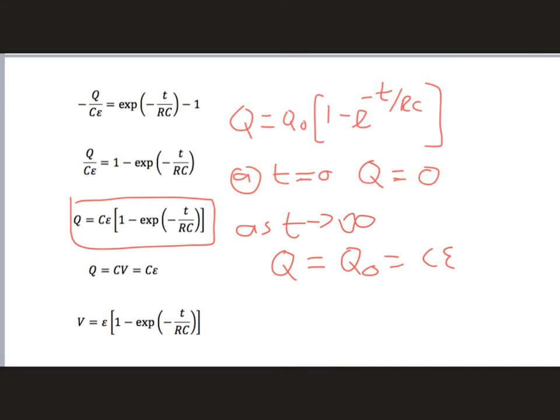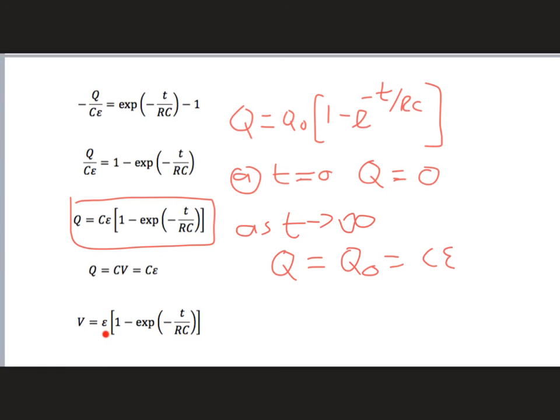Finally, on this slide, there's one other piece of information that we can note. If I consider this fundamental capacitor equation again, Q is equal to CV. If I want to know what V is, I just need to divide Q by C. Everything else will be the same, but we'll lose that C, and I'll get that V is equal to E times that same bracketed function.